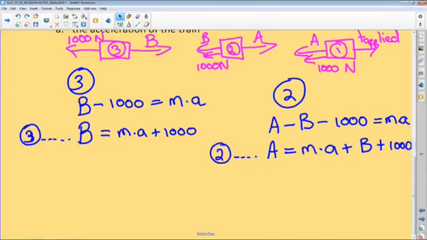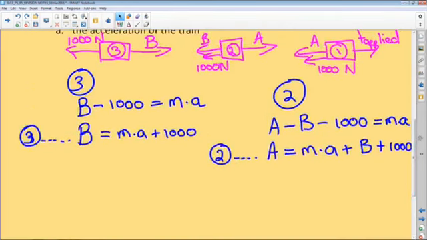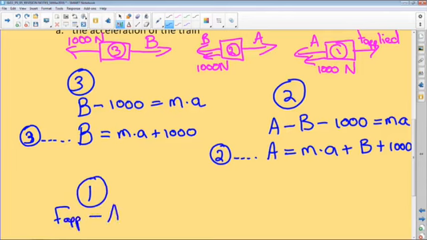Give myself some more space here, not too far, so I want to see the pictures. Then for the first block, so for block number 1, I'm going to have force applied minus A minus 1000 equals MA.